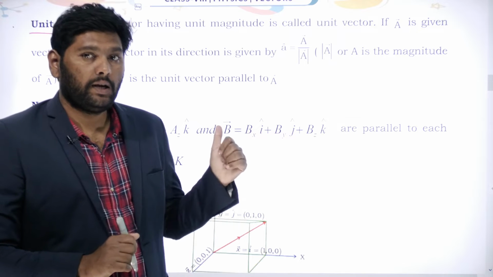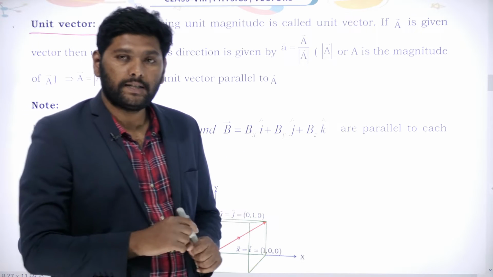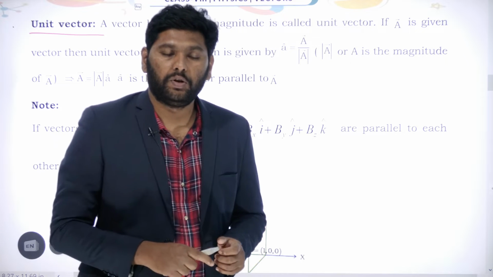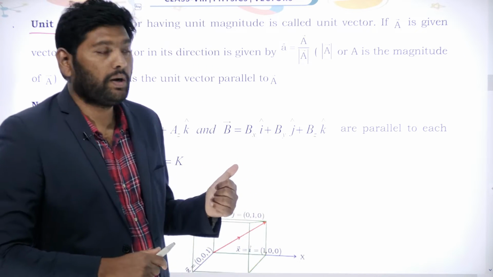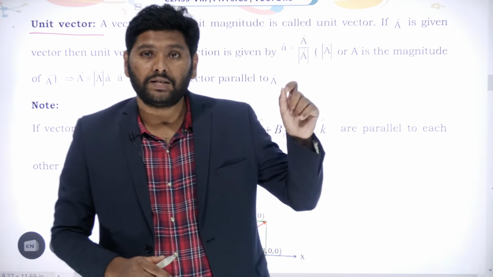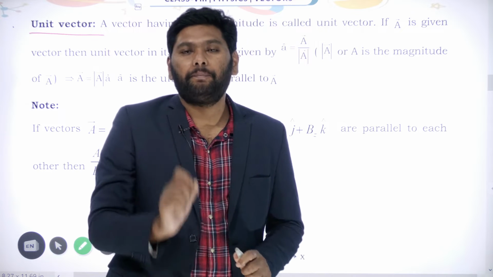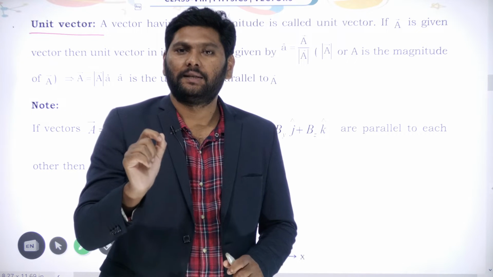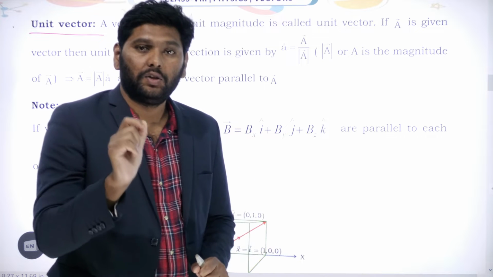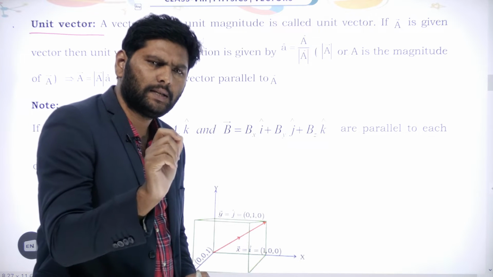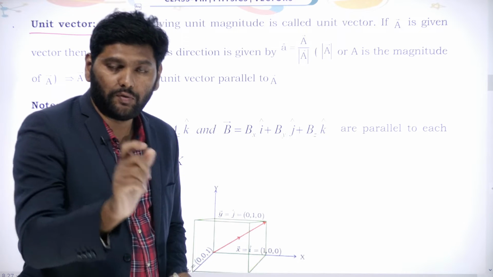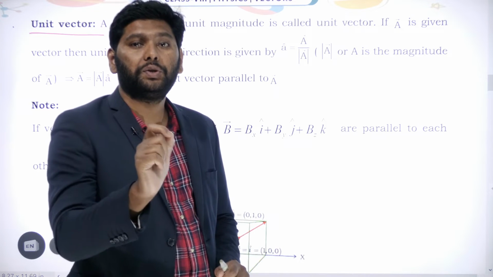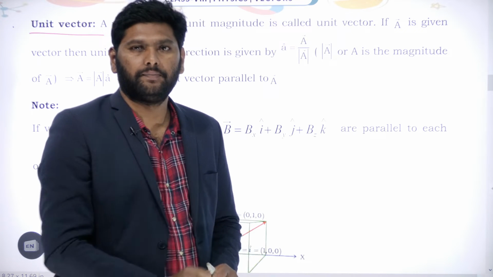Let us discuss this. What is meant by a unit vector? A unit vector is a vector having unit magnitude, and the direction is what? Unit magnitude means 1.